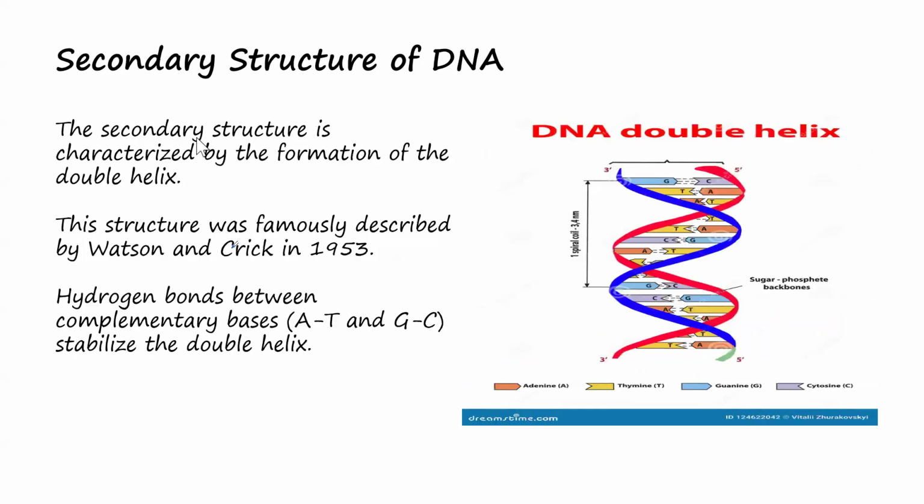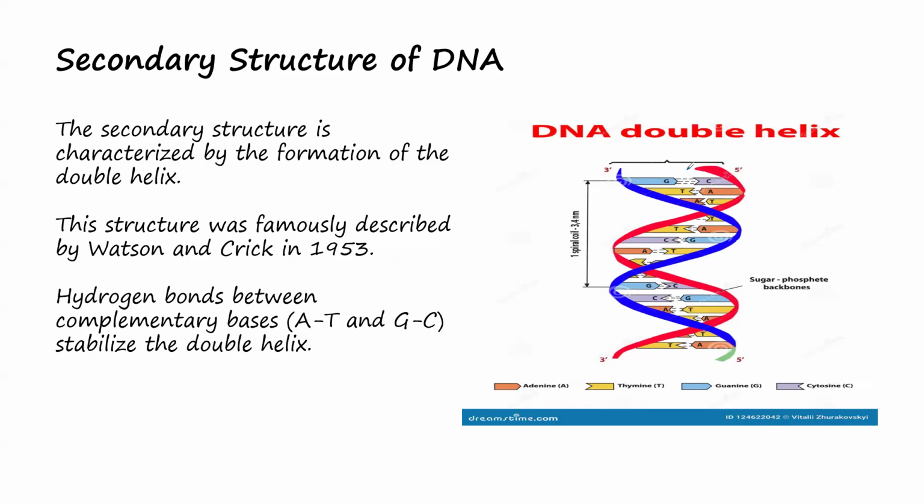Then, what is the secondary structure of DNA? The secondary structure of DNA is characterized by the formation of a double helix. You can see clearly here the double helix structure of DNA. The DNA is double-stranded, and the strands are held together by hydrogen bonding.